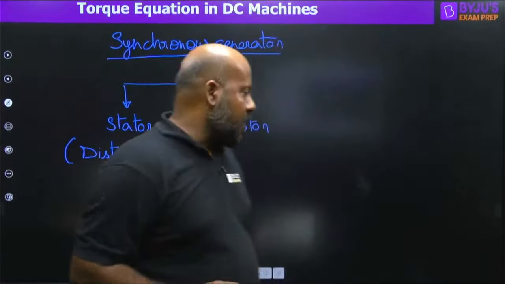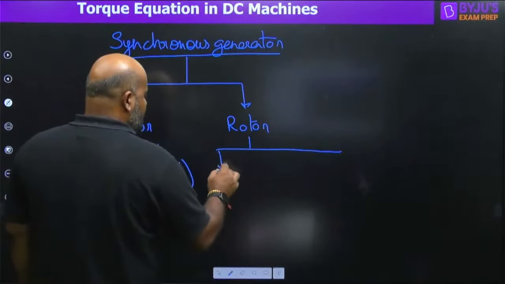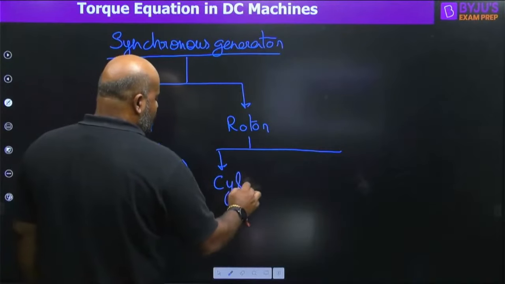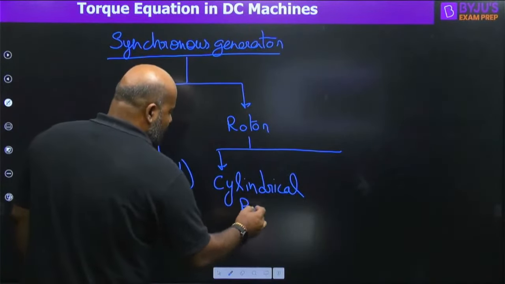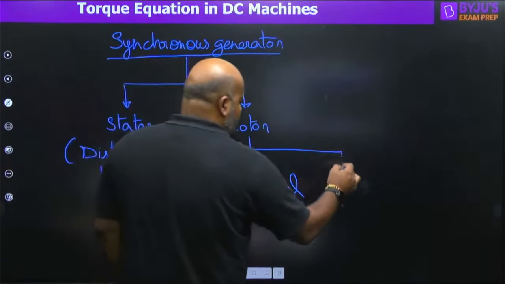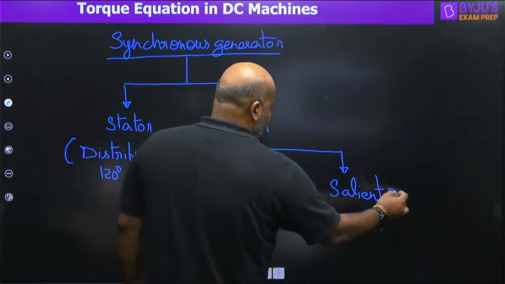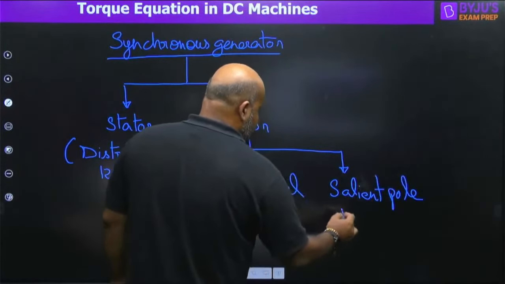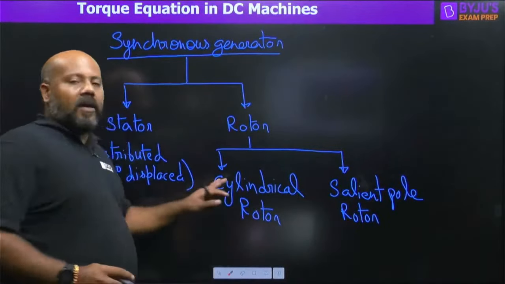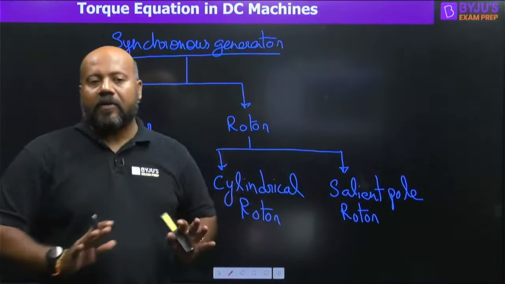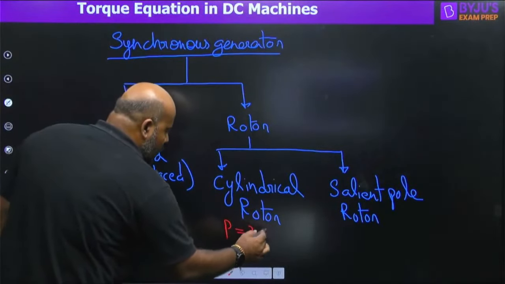Let us talk about the rotor. In case of the rotor, basically we have two types of constructions. The first one is the cylindrical rotor, and the other one is the salient type or salient pole rotor. Generally, the cylindrical rotor has fewer poles, generally 2 or 4.